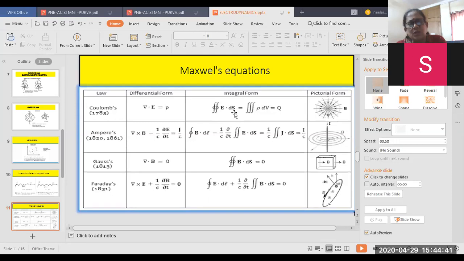That small portion, the differential area element, I am taking as ds. Why am I taking a dot here? The direction of ds and the direction of E should be in the same direction. Then only this has some positive value. If they are in the opposite direction, you know the dot product vanishes. Q becomes equal to 0.